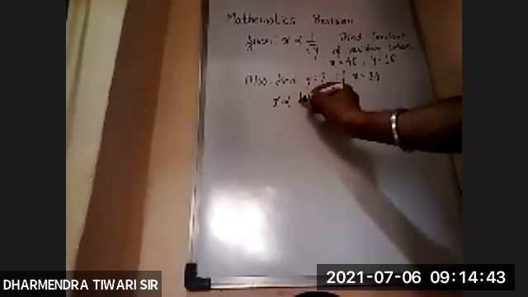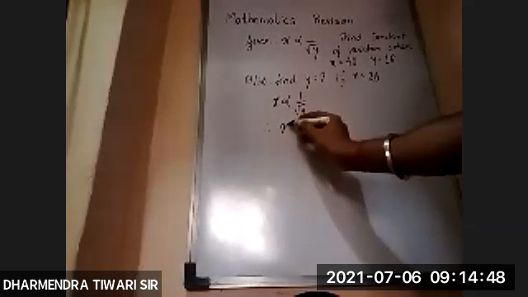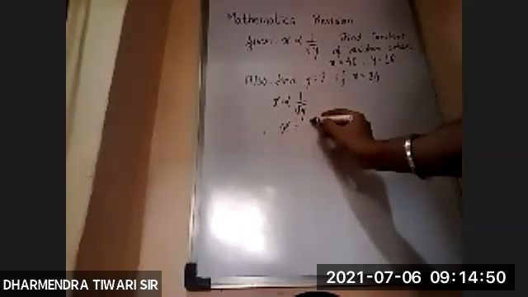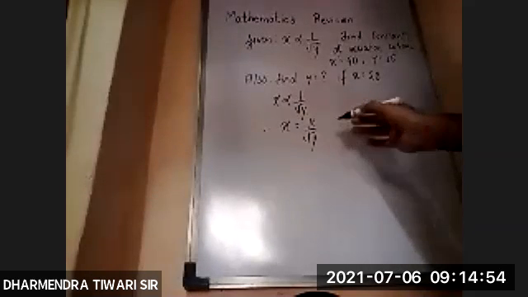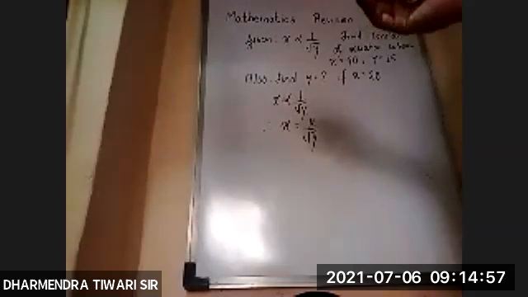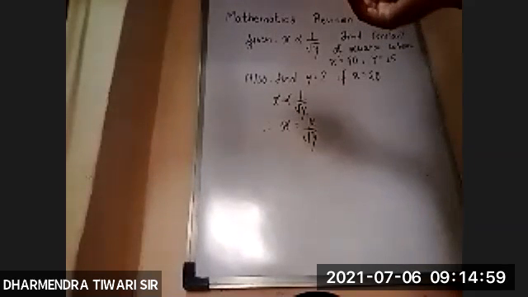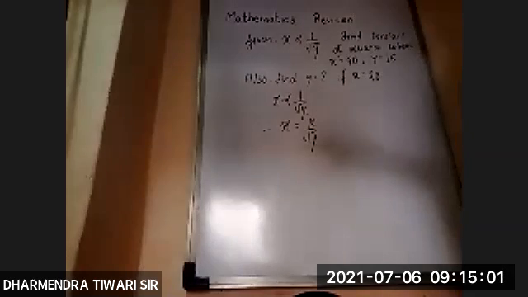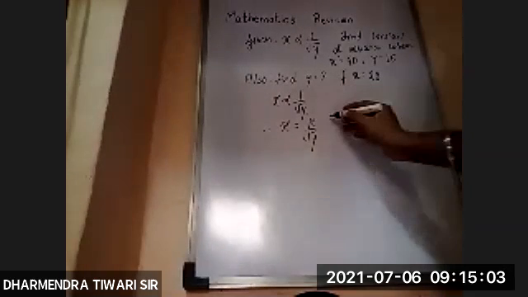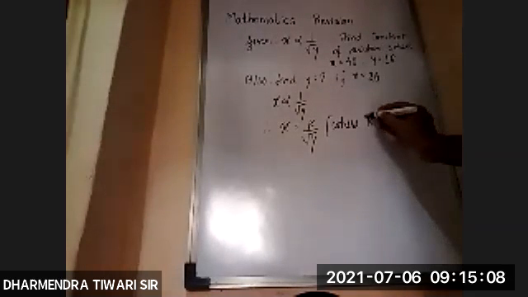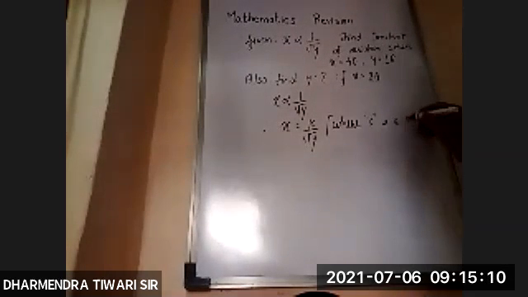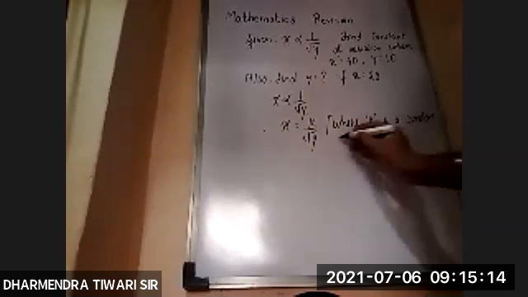x is inversely proportional to root y. So therefore, x is equal to k upon root y. Very simple, as usual, as we do in the case of direct variation or inverse variation, where k is a constant, the constant of variation.